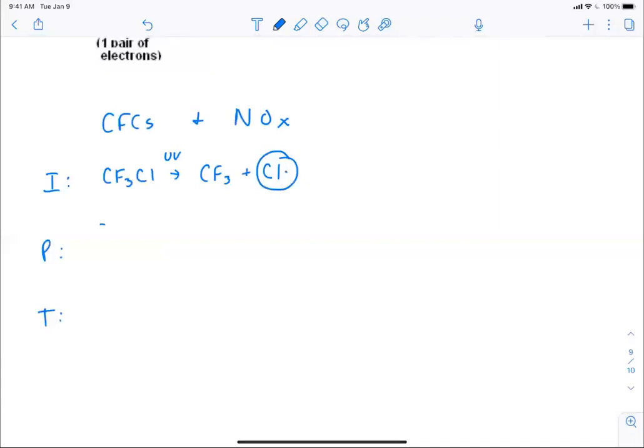And that Cl free radical reacts with ozone to form a new free radical. And then that free radical combines with another O3 to form the Cl free radical and two O2s again.